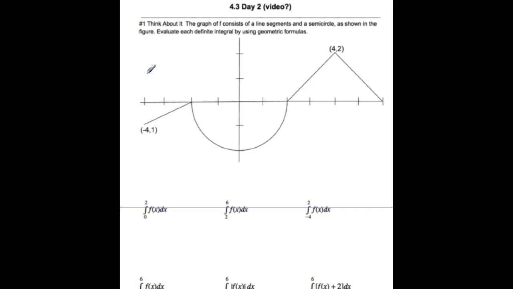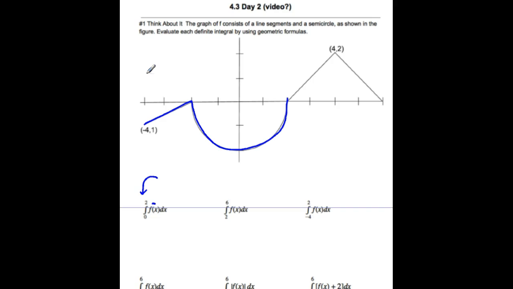So this is the graph of f up here, and it's below the x-axis from -4 to 2. What that means is when I discuss the integral, which I like to call the signed area, because f of x is below the x-axis, that actually will be negative.